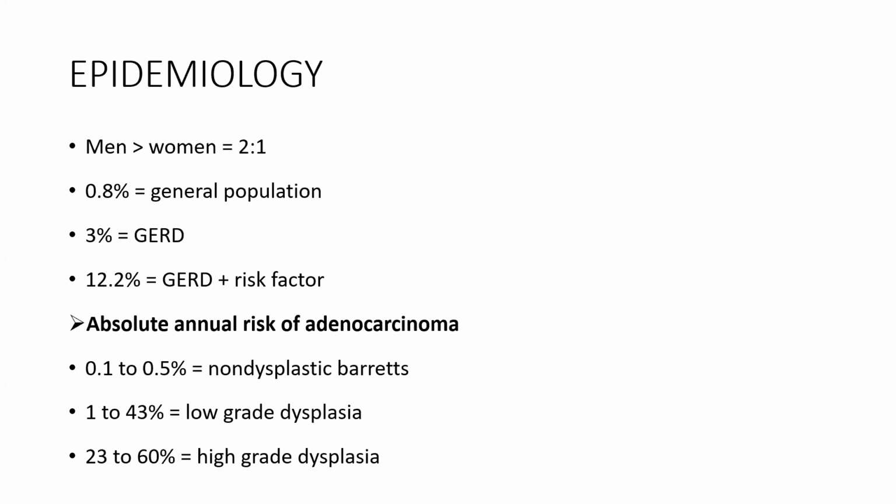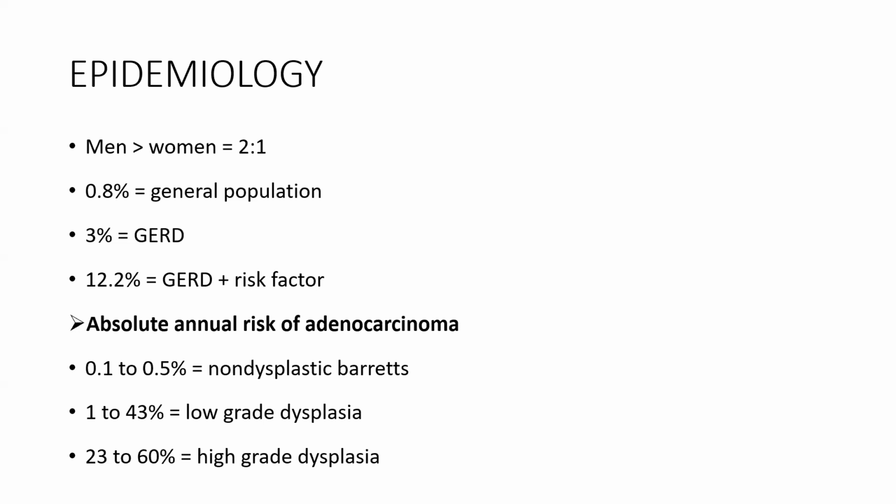Coming to epidemiology, Barrett esophagus is more common in men than in women by a ratio of 2:1, and the prevalence is like 0.8% in the general population, 3% in patients with GERD, and 12.2% with GERD plus any other risk factor.